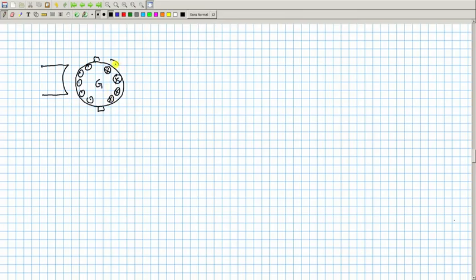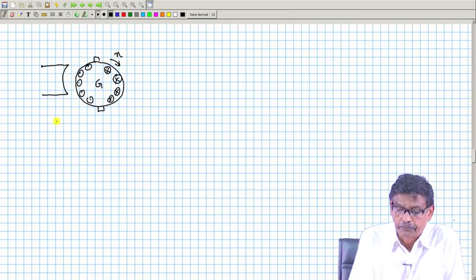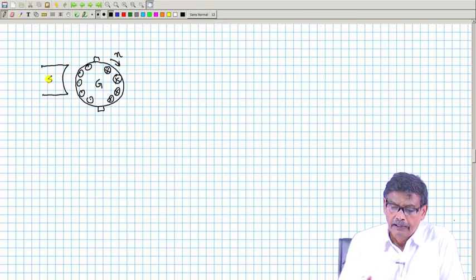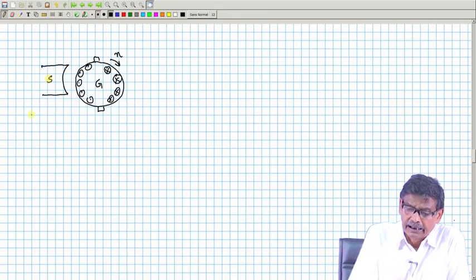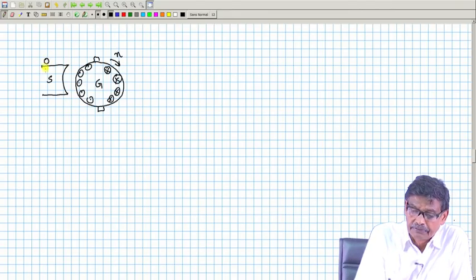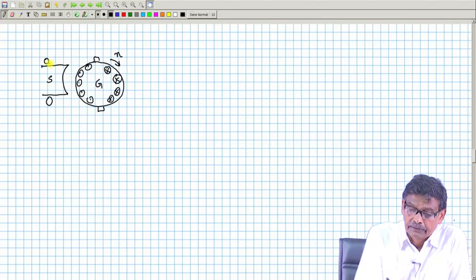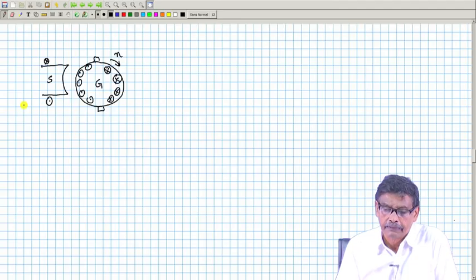Provided it is running in this direction in generator mode, this is the south pole. And there is a field winding here, and the field winding current, only one pole I am showing, is like this.